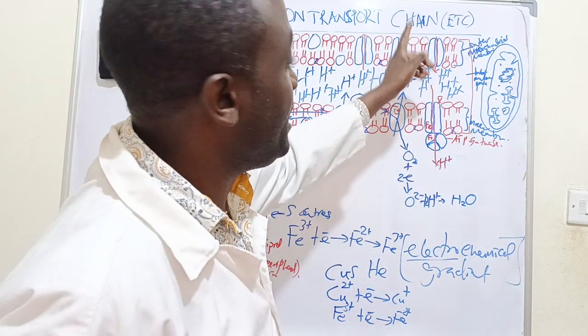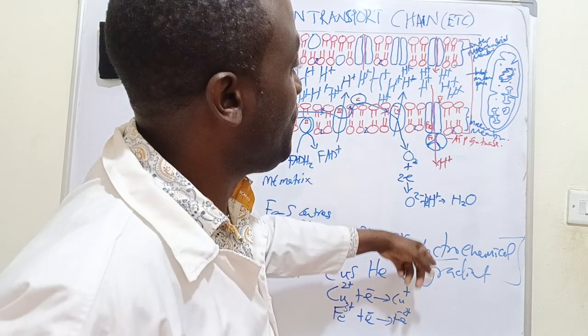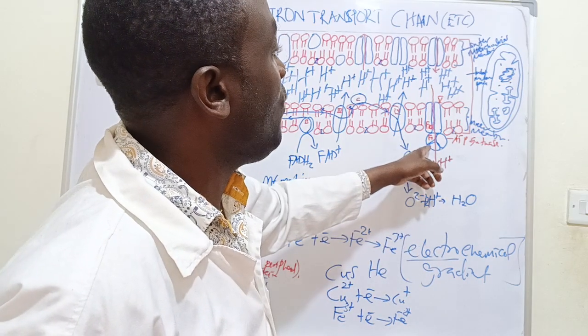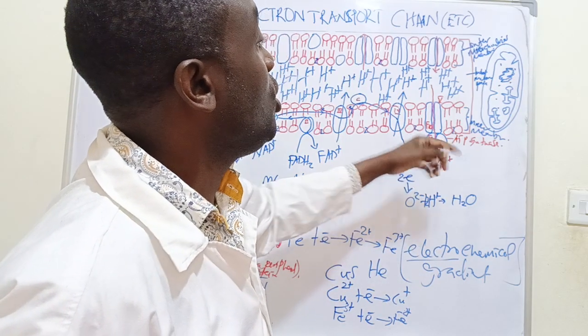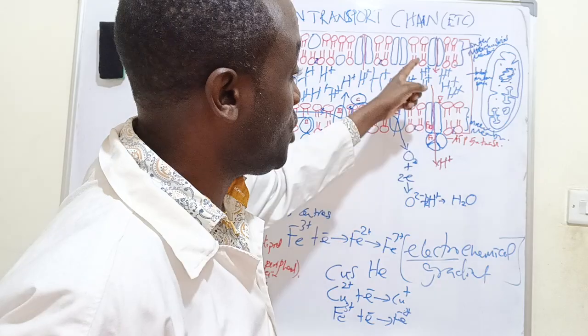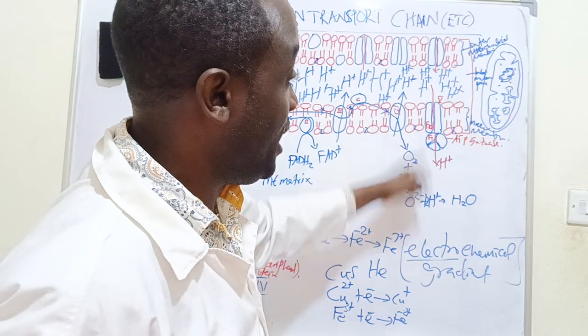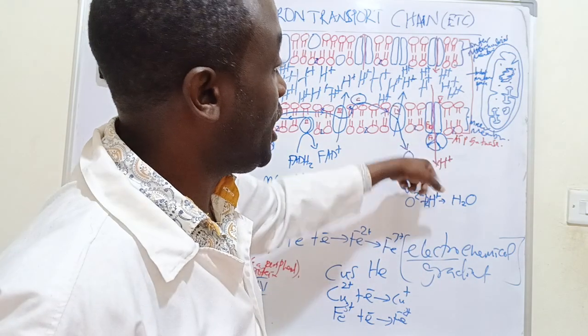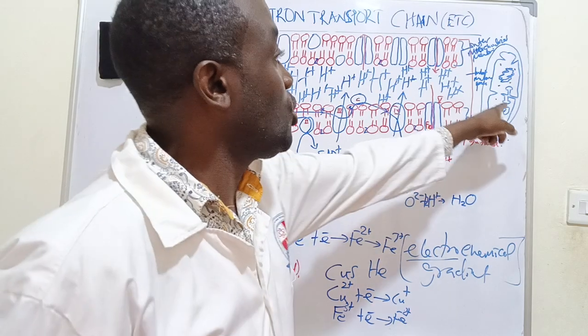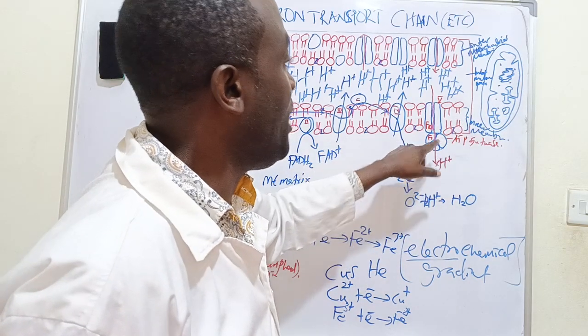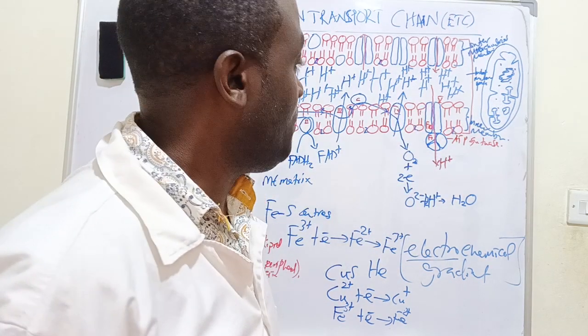The chemical energy, or kinetic energy, from the diffusing protons is taken up by the stalked particle, by the F1 domain of the enzyme ATP synthase.